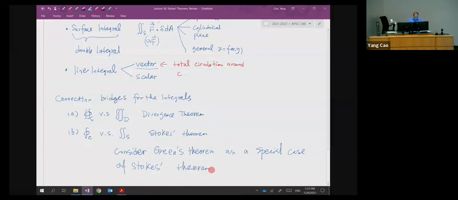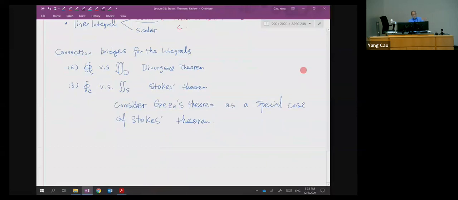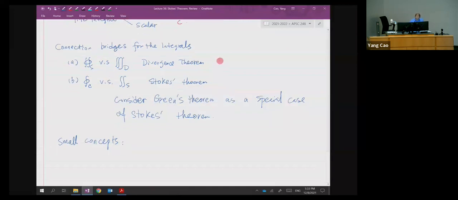Now, of course, in order to do any one of these, there are a number of important small concepts, not trivial, right? They are fundamental concepts. So what are the concepts involved in any one of these calculations?